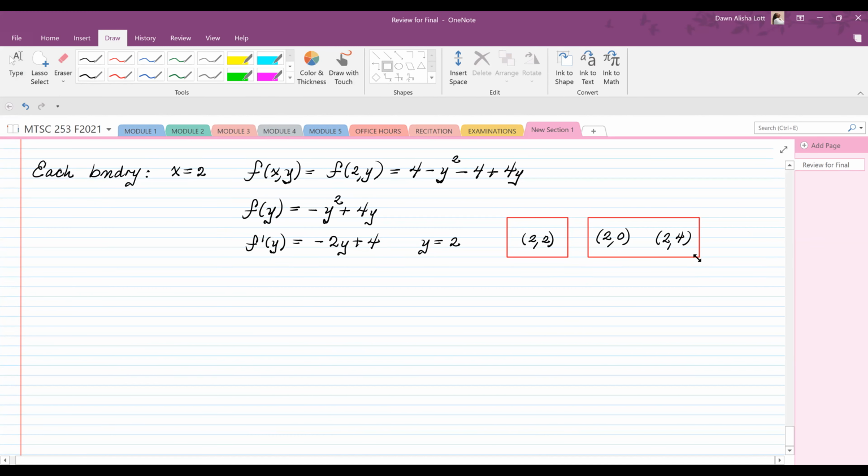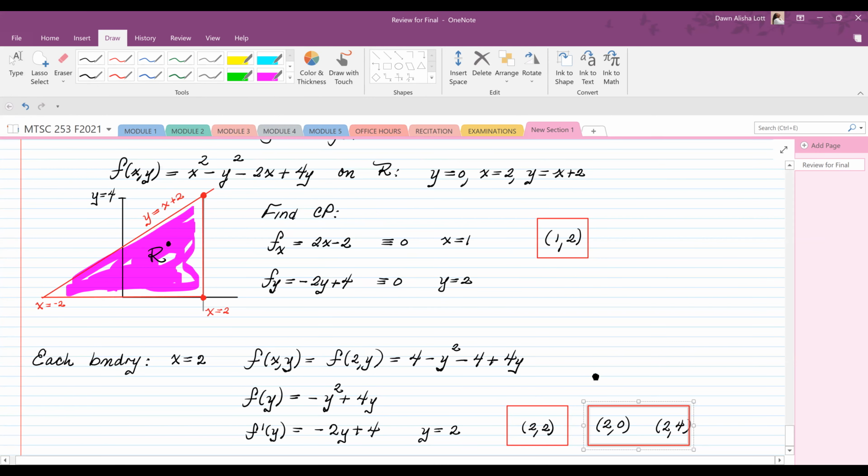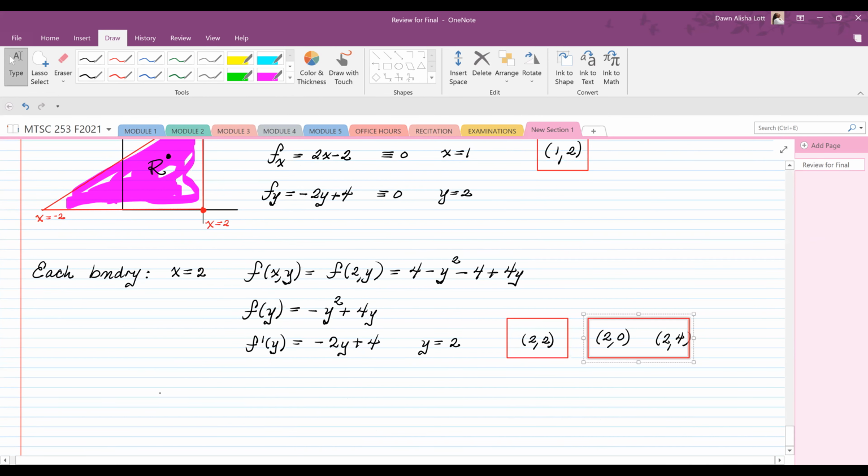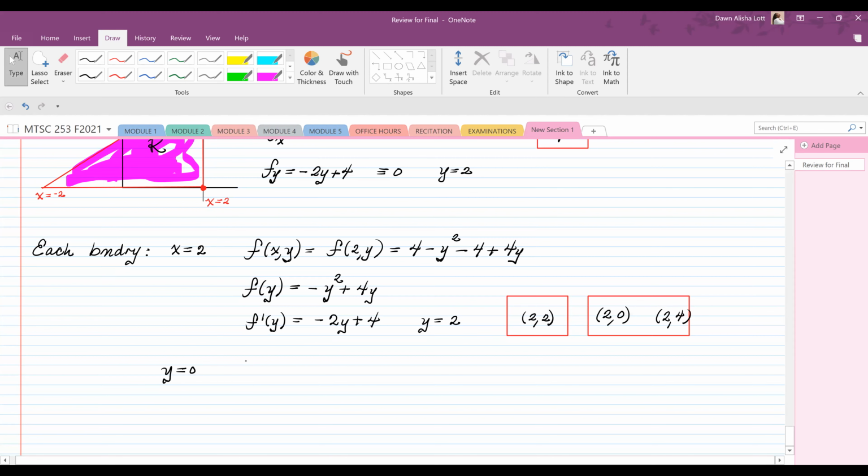Now you have to do y is 0. For the third one, you actually have to do y is equal to x plus 2. So f of x and 0 equals x squared minus 2x.